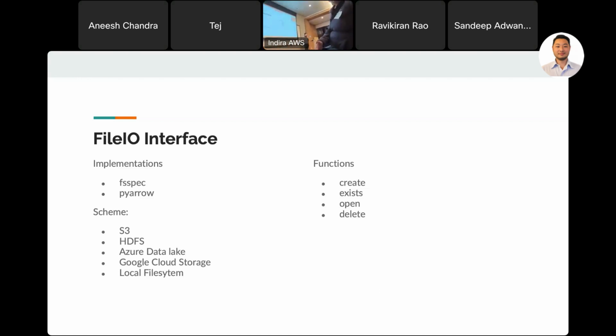It's called PyArrow because it integrates with the Arrow ecosystem, which is backed by a lot of really cool projects. The FileIO interface is also available to create the object storage of your choice: S3, HDFS, Azure, GCS, and the local file system as well, if you want to try this out on your local desktop or laptop. And it's very simple. It's just create, exist, open, delete. These are the things you will do to interact with the object store.